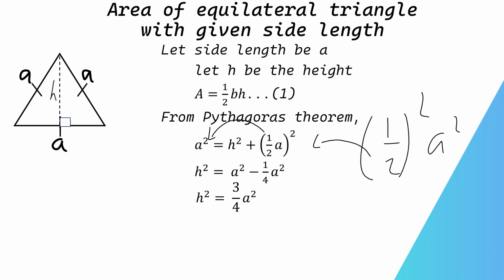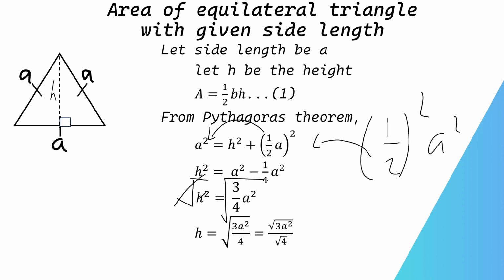Now let's make h the subject. We have to get rid of the square, so we square root both sides. And what do we get from that? We get h equals the square root of 3a squared on 4. And note this is simply the same as root 3 a squared over root 4.